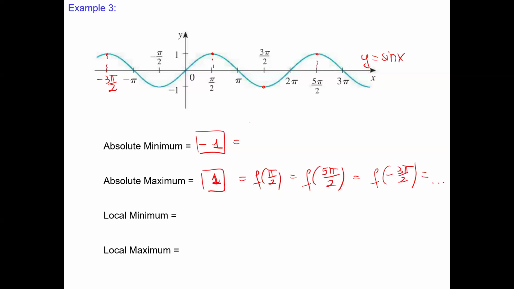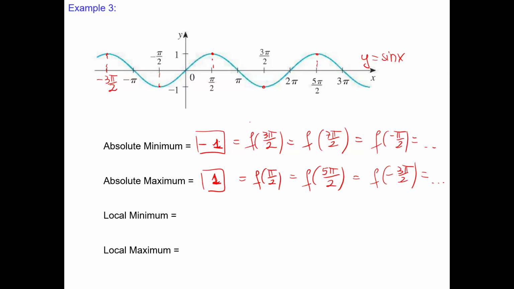It's 1. Now negative 1 happens at 3 pi over 2, and at 7 pi over 2, which I can get by just adding 2 pi, or at negative pi over 2, and so on. It happens infinitely many times, but the value itself, the minimum value, is negative 1. Please remember.